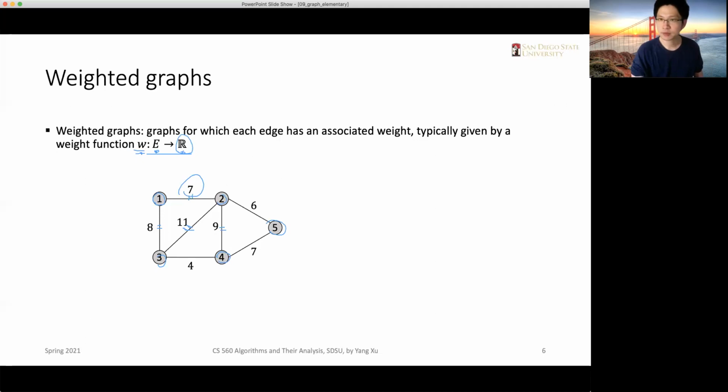But if it's another problem, say if we want to describe how much money to transfer between bank accounts, or cryptocurrency between different accounts, then the weights can possibly be negative values. Like the in and out direction can be described by positive versus negative values, right? So we will have some experience with negative weight graphs in the future.